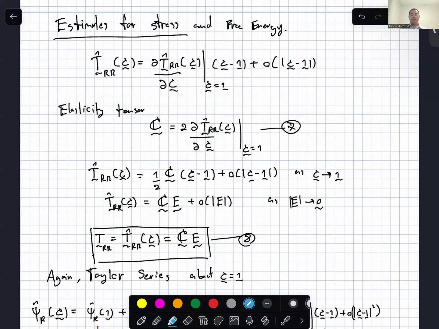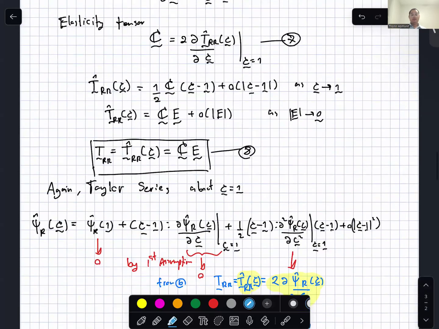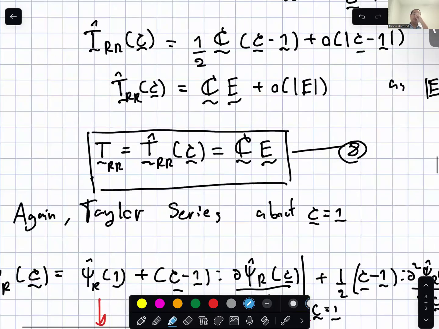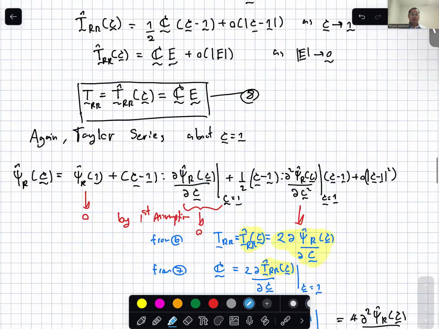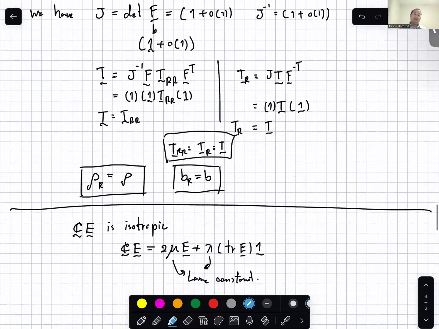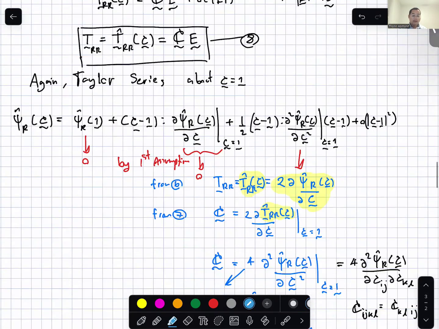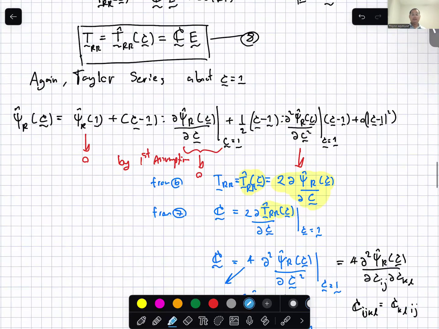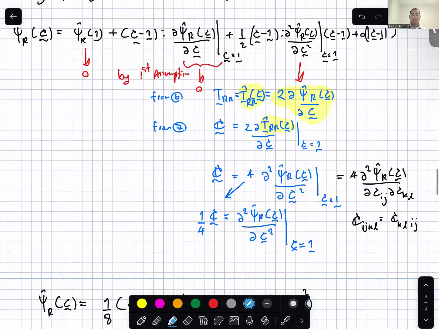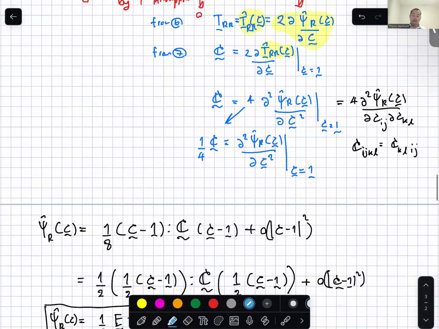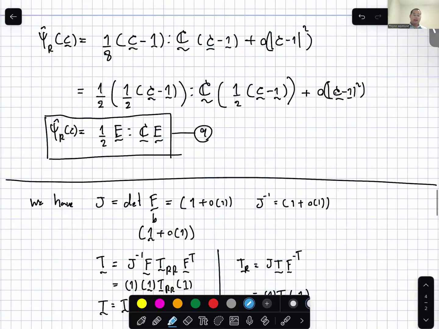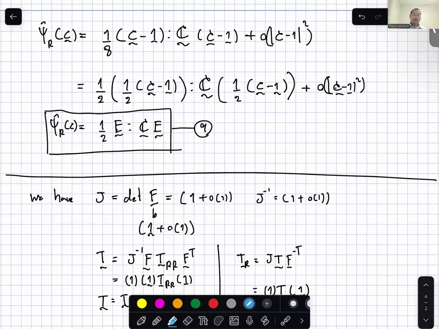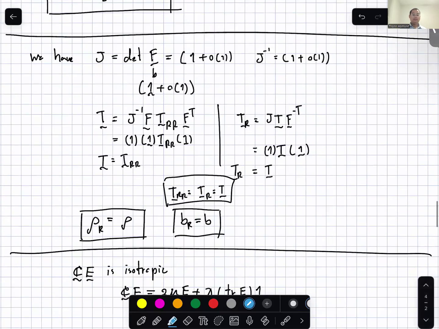Then we estimate the stress function that we have from the CNP and the PMFI by applying the Taylor series expansion, and we got equation number 8. We do that again with the free energy function. So we take the Taylor series again, gather all the information beforehand to simplify and make it neat, and have this nice little equation number 9 here.